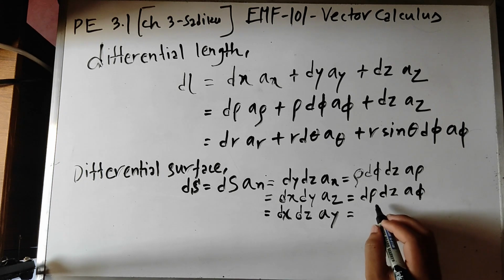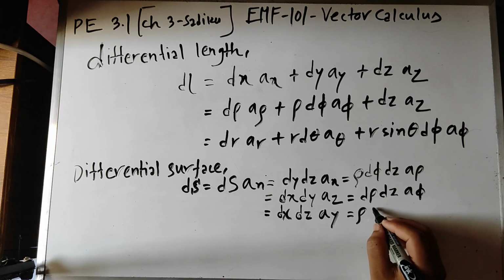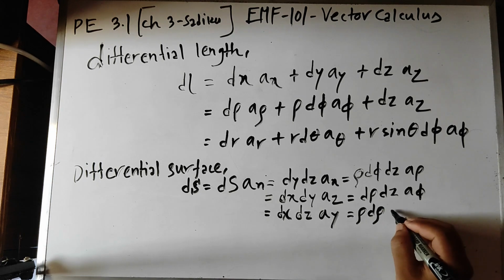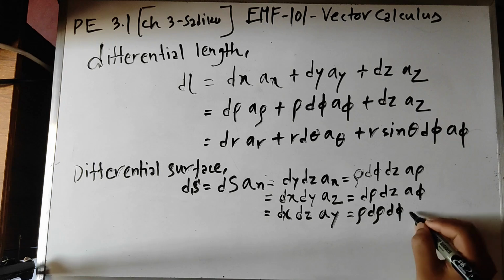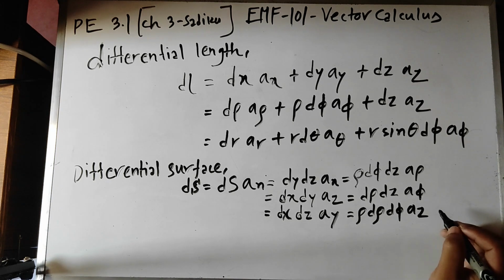The differential surface in the direction az is rho d rho d phi in the direction az.